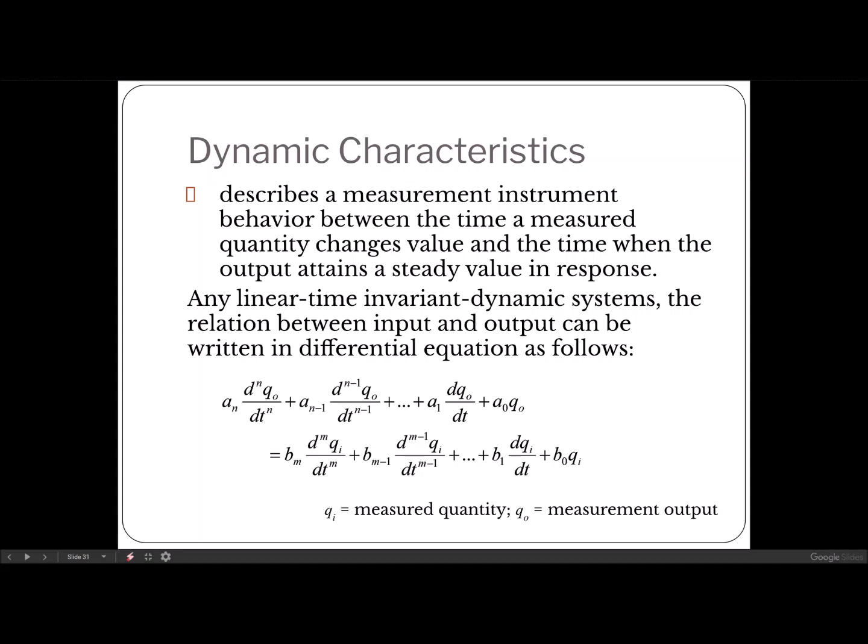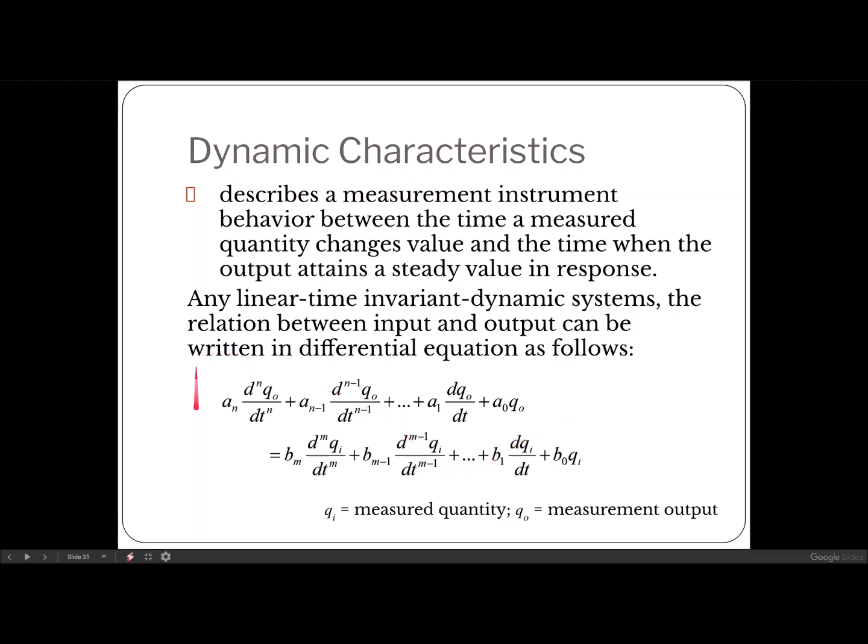And a measurement device is, strictly speaking, a dynamic system. You have already studied dynamic systems, where the relationship between input and output is represented by a differential equation.